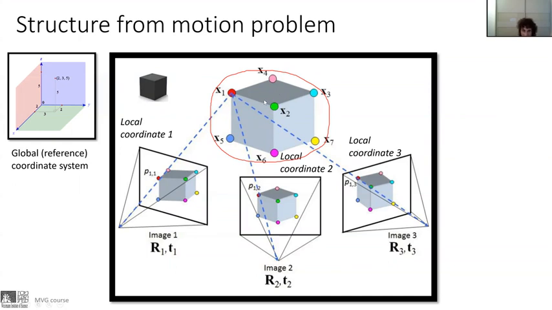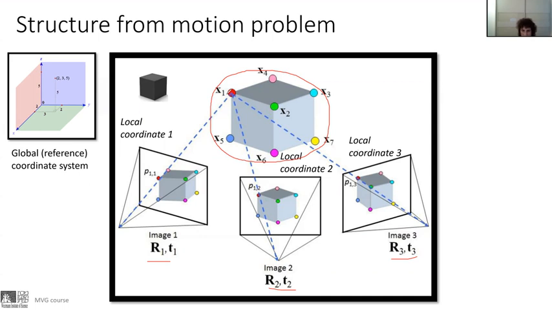And to that end, I need to understand where the cameras are. Having this, I can triangulate, like you see here, I can take the rays from the centers of the cameras and get the 3D point.